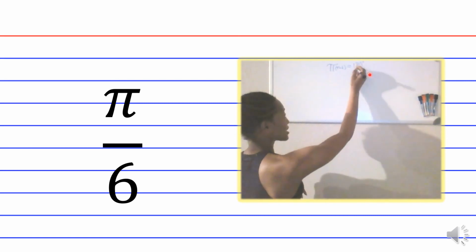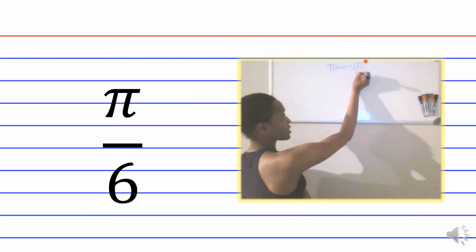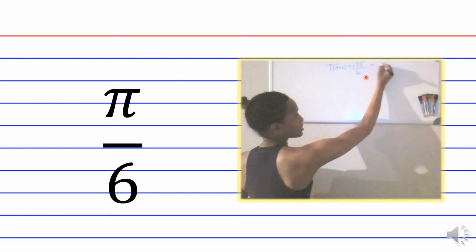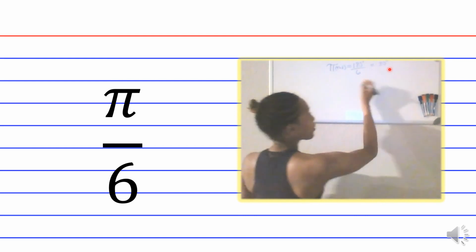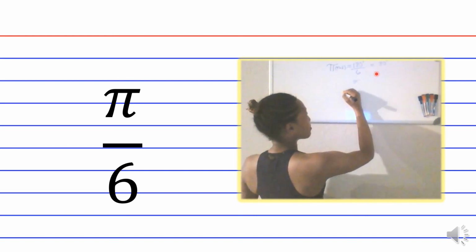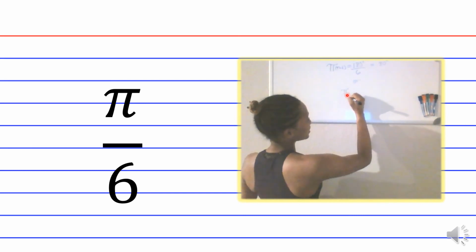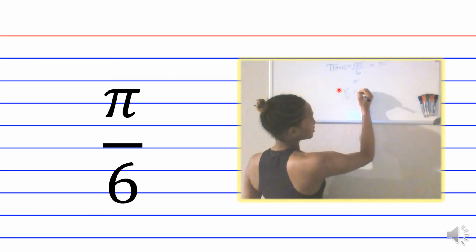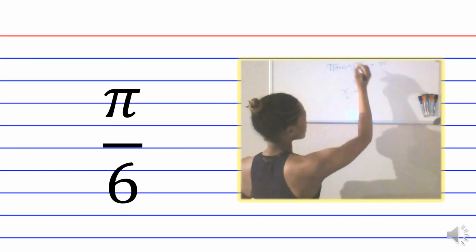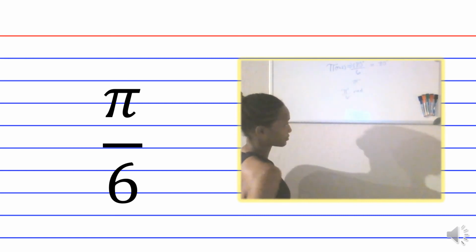So it only makes sense that 180 degrees divided by 6 equals 30 degrees, or pi over 6 radians. Okay.